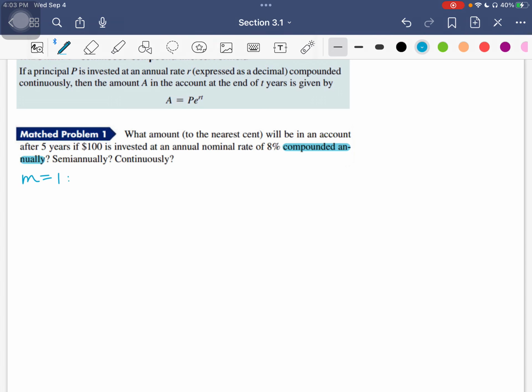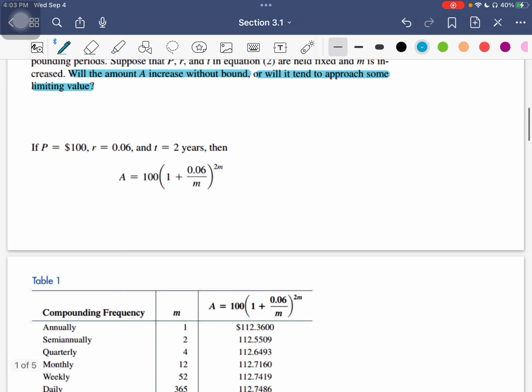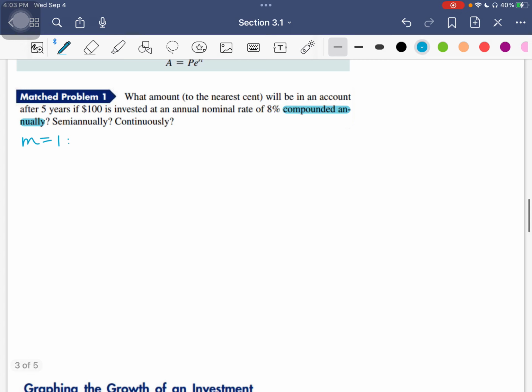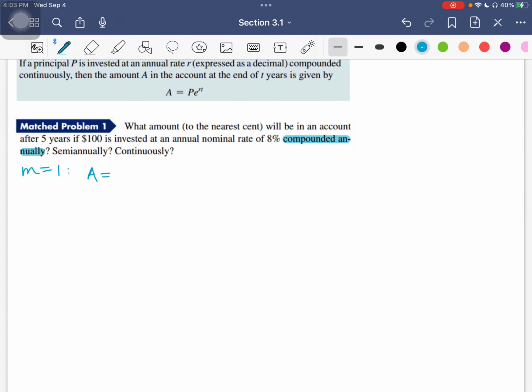So we're going to use our compound interest formula, which is this guy here. So let's just write this down for us. All right, and then plugging in all of our known values, we know that we're going to start with $100, so P is 100. Then we have 1 plus our R over M. R is 8%, so that is 0.08 since we're expressing this as a decimal.